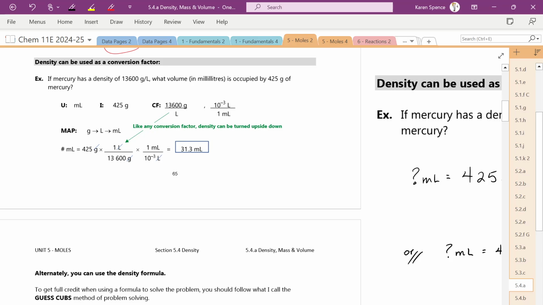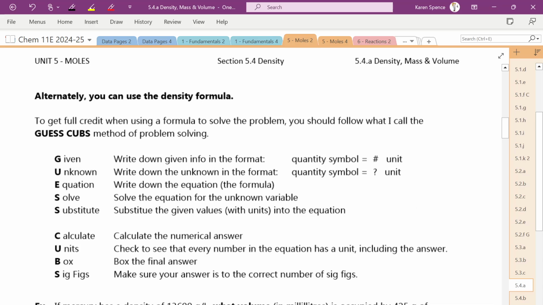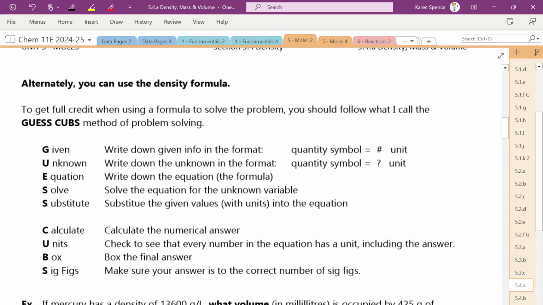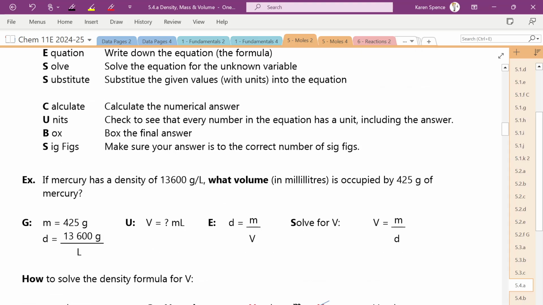Now, you can use the density formula to solve this problem, but I find people are more likely to make a mistake using the density formula because they'll solve the equation wrong or put things in the wrong place. They tend to make more mistakes.